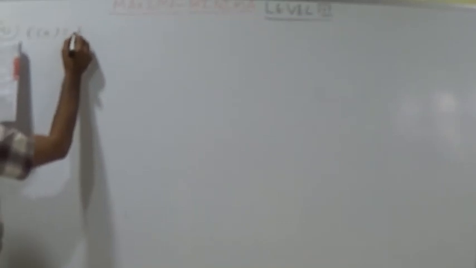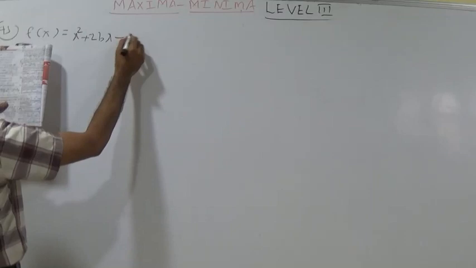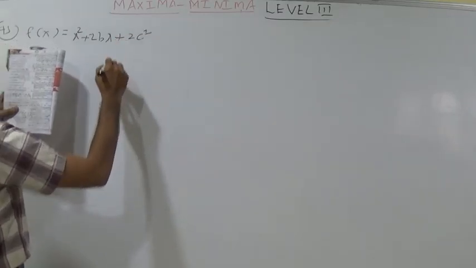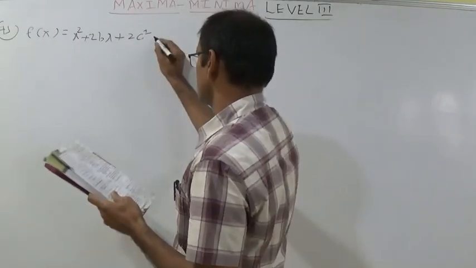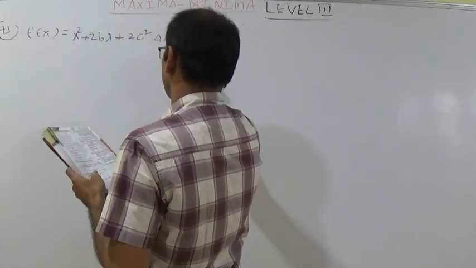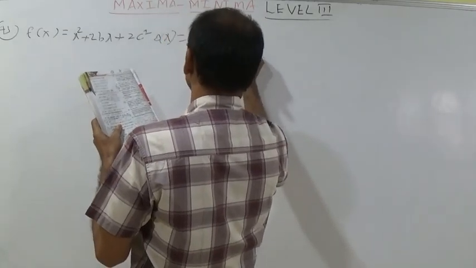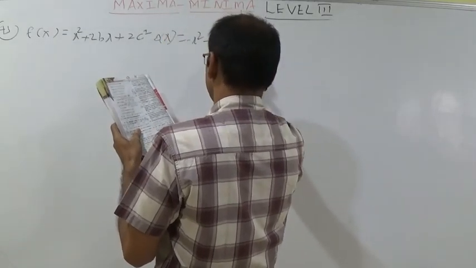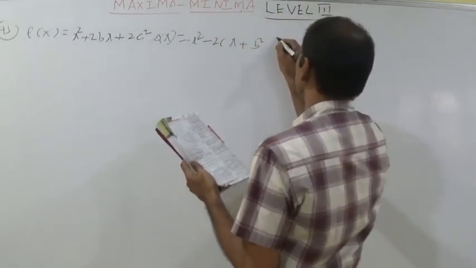F of x is equal to x squared plus 2bx plus 2c squared, and g of x is equal to minus x squared minus 2cx plus b squared. The min value of f of x is always greater than the max of g of x.